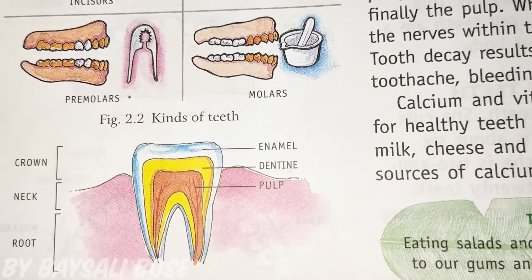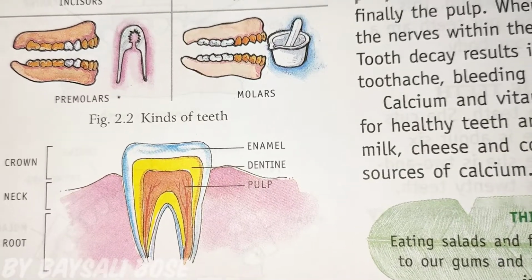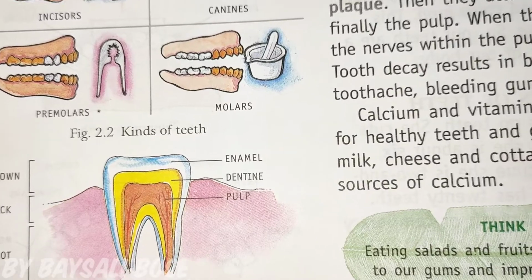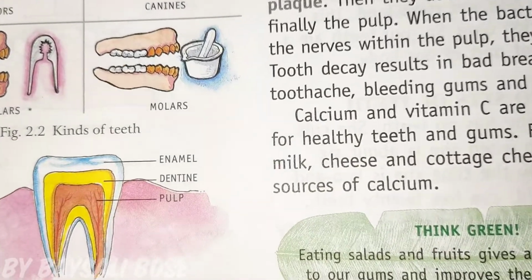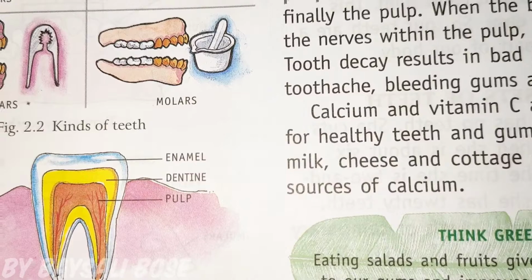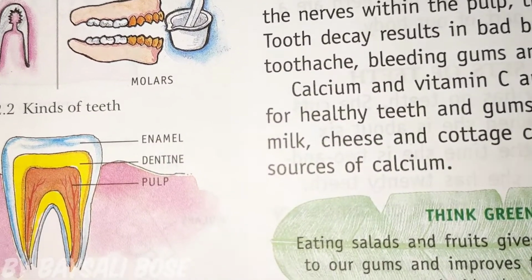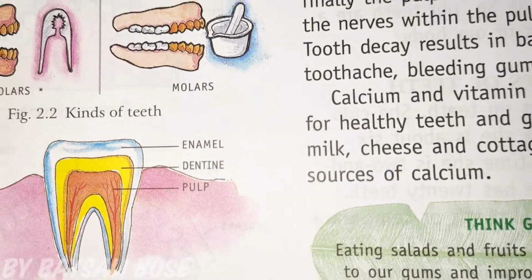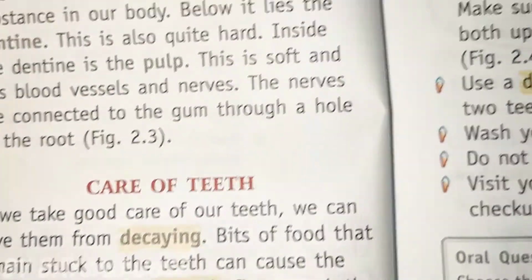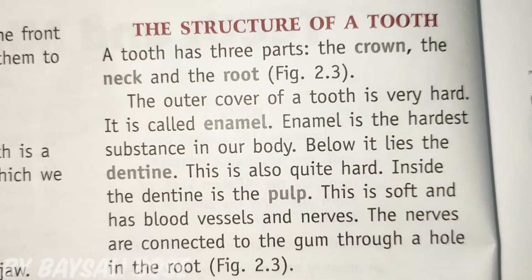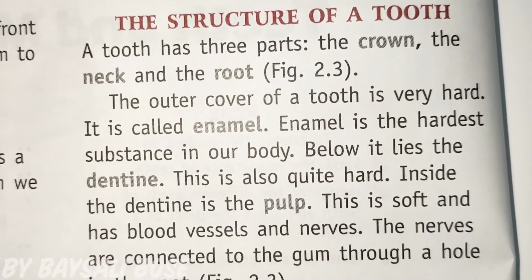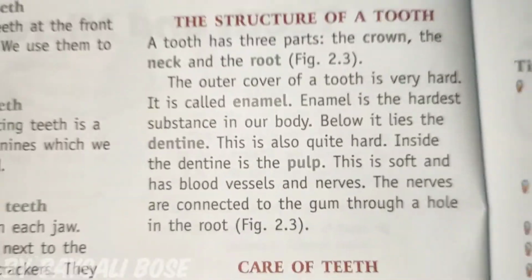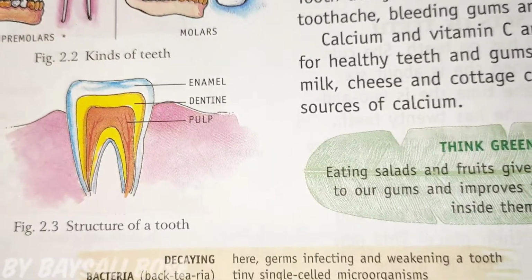So the 3 parts of the tooth are crown, neck and root, and the tooth also has 3 layers: the outer layer is known as enamel, then the next layer is dentine, and then the next layer is pulp. So let's study the structure of a tooth. The tooth has 3 different parts, that is crown, neck and root, as given in this structure.